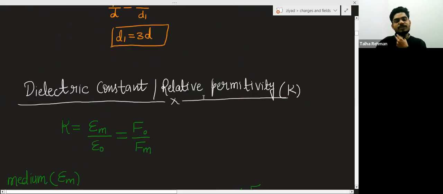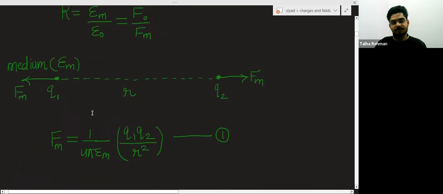Now, dielectric constant or relative permittivity. What is that? The dielectric constant or relative permittivity is the ratio of the permittivity of the medium and the permittivity of free space or vacuum or air. This is also the ratio of the force between two charges in air divided by the force between two charges in any other medium.